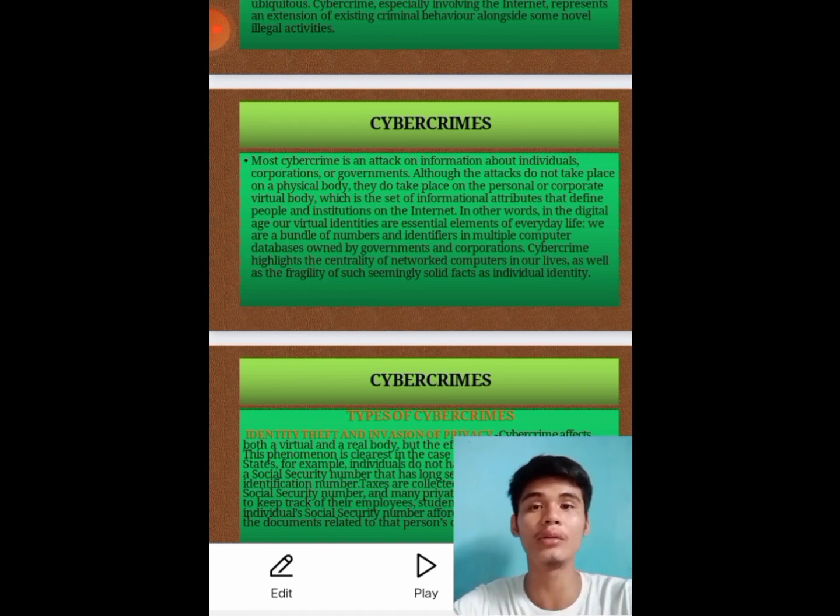We are a bundle of numbers and identifiers in multiple computer databases owned by governments and corporations. Cybercrime highlights the centrality of network computers in our lives, as well as the fragility of such seemingly solid facts as individual identity.